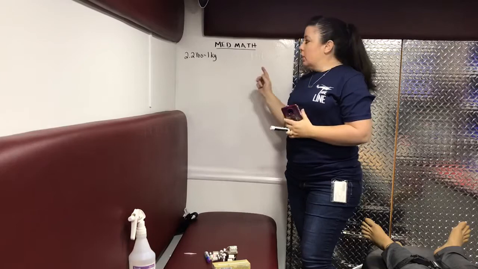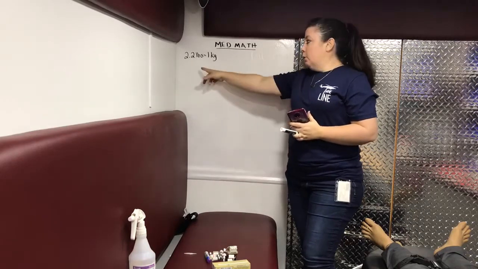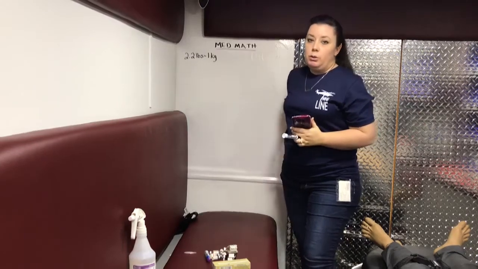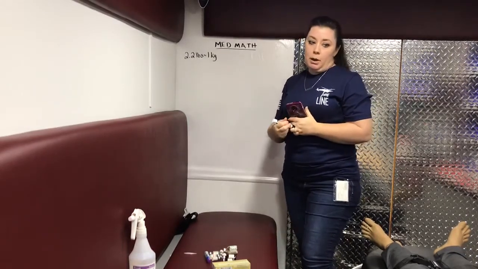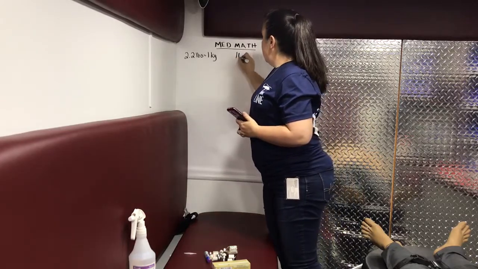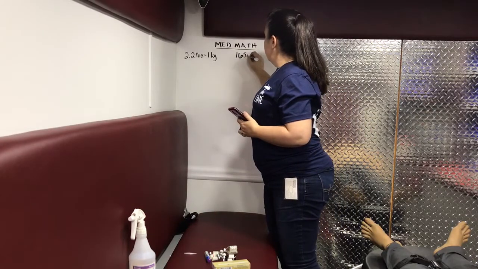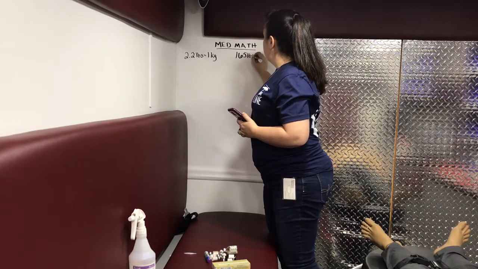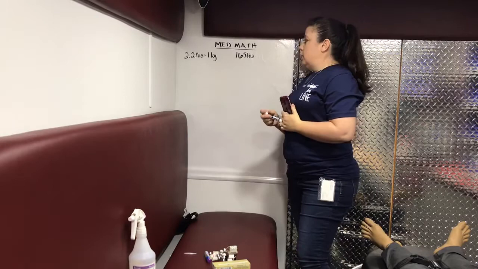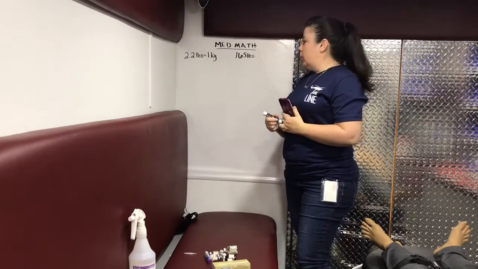The first thing we always have to remember is that there are 2.2 pounds per kilogram. Most of our patients don't know how many kilograms they weigh, but they know about how many pounds they weigh. So let's say our patient tells us they weigh 165 pounds, and we need to convert that into kilograms.